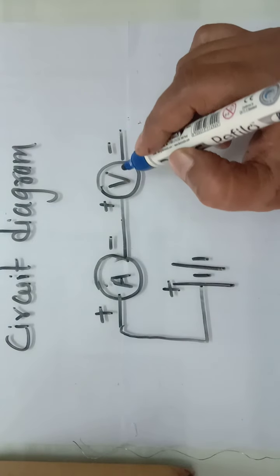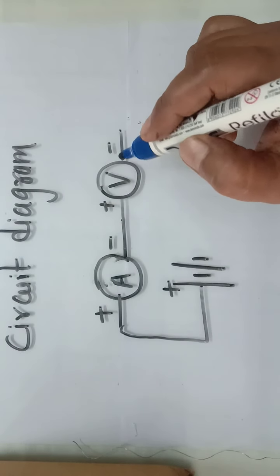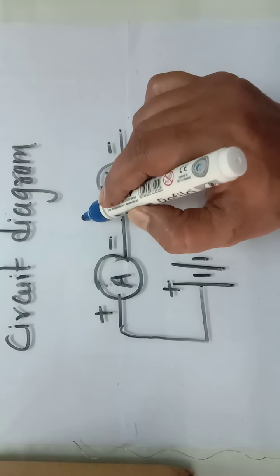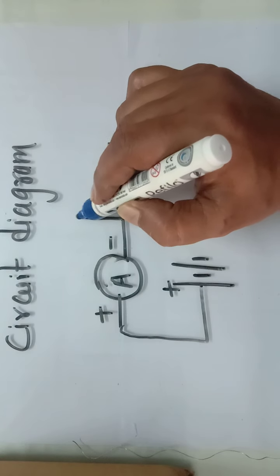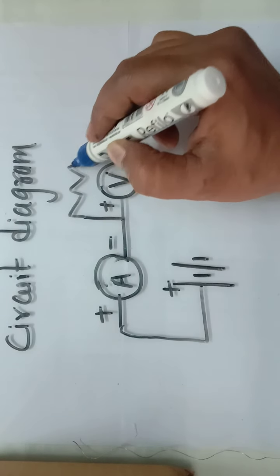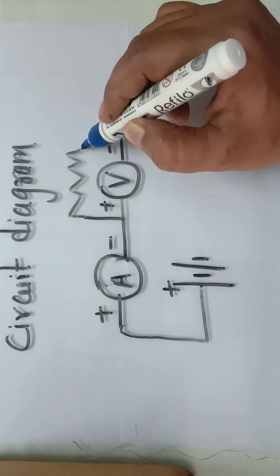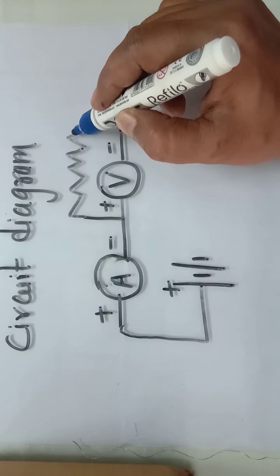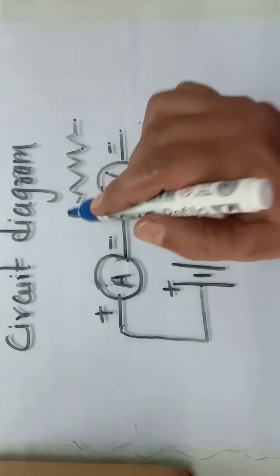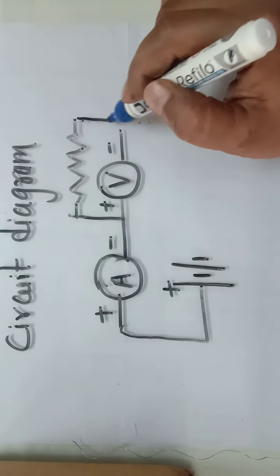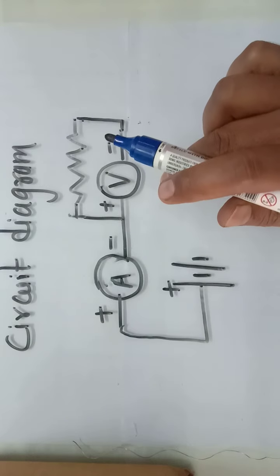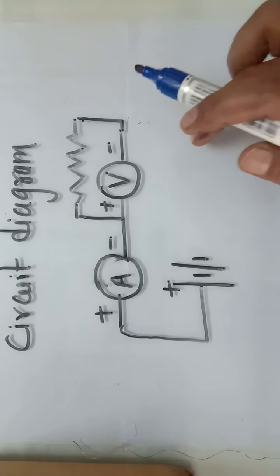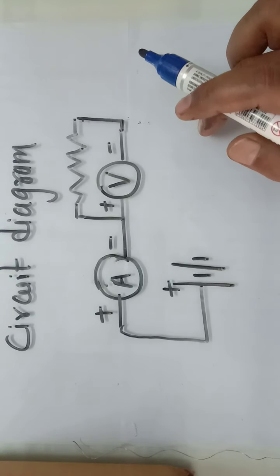Across this voltmeter, apply a resistance wire, just like this. This is a voltmeter with a resistance wire.